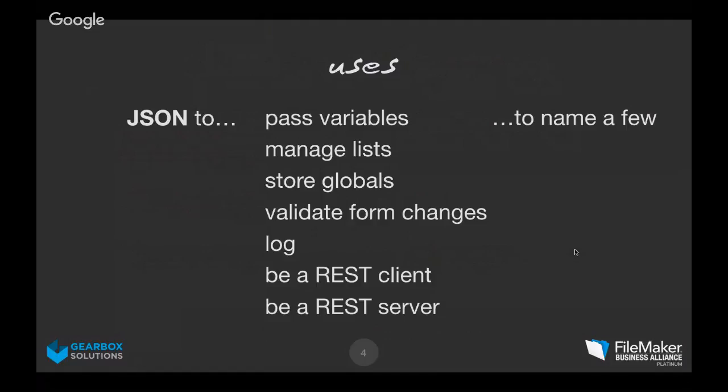I'll show you some cool things we use to store globals as JSON, so we can go up to our globals and get it during a session. And the validating form changes, I'll be interested to get some feedback about that because it's kind of cool, but I just sort of happened to do it a certain way, and you all can let me know what you think. And then there's probably the REST client.